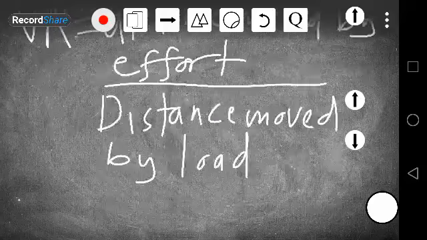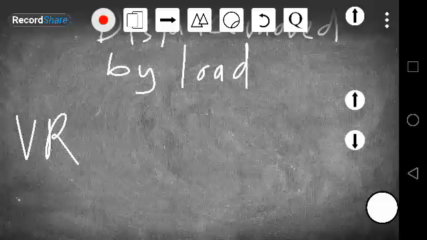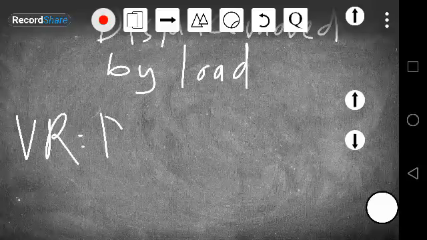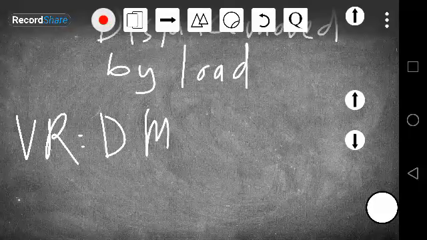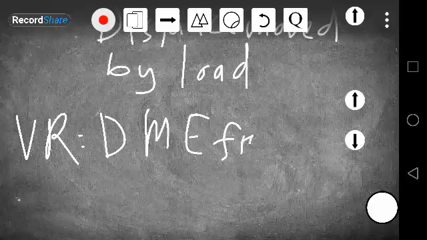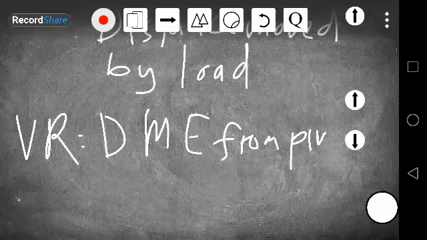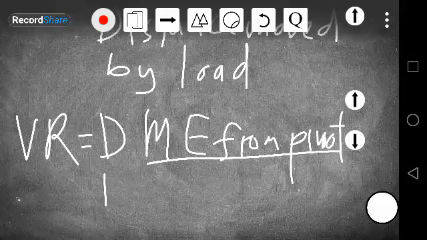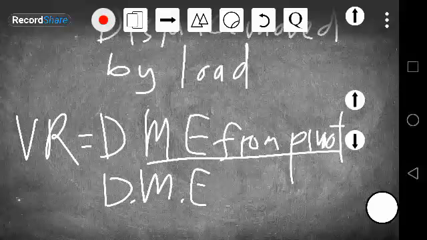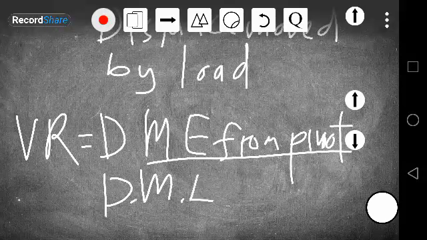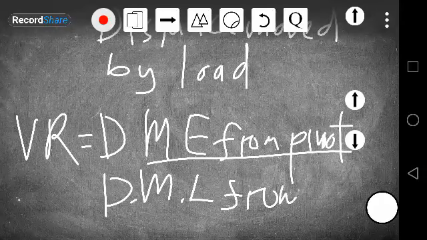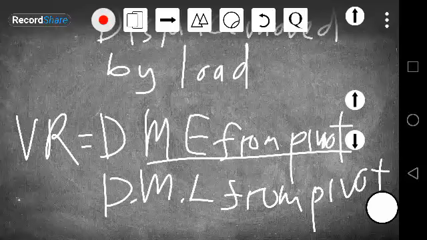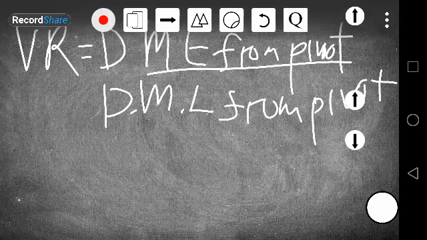Okay, or velocity ratio is distance moved by effort from pivot over distance moved by load from pivot. Okay, that's another formula for velocity ratio.